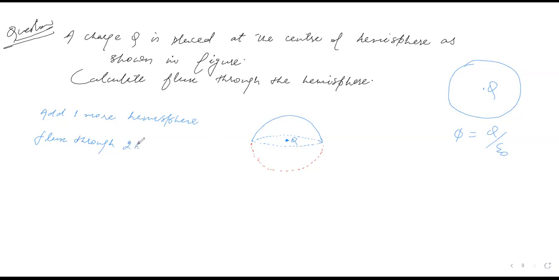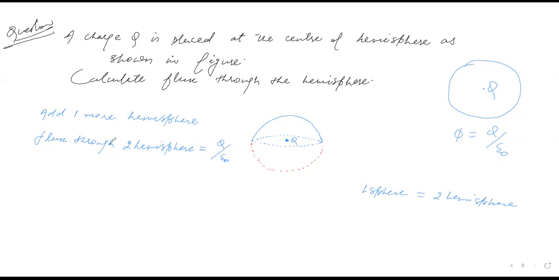Flux through two hemispheres is Q over epsilon naught. We can write a sphere, or one sphere can be seen like two hemispheres. Do you understand it?